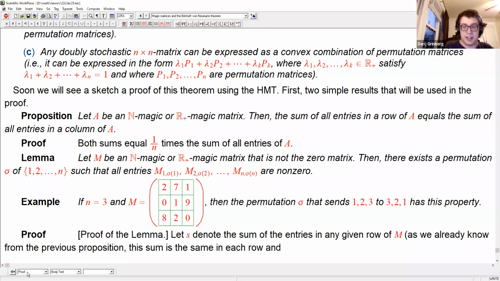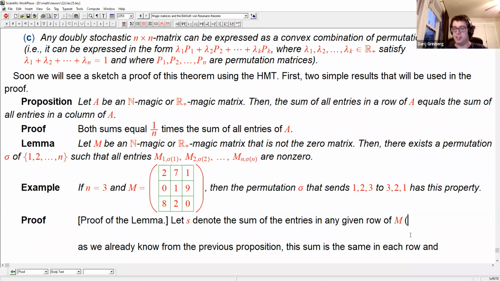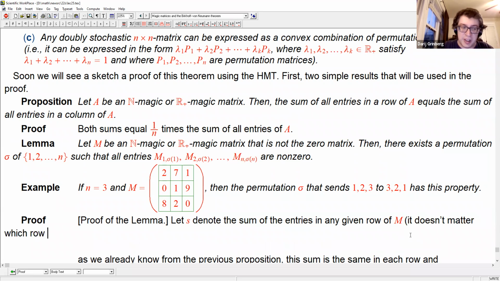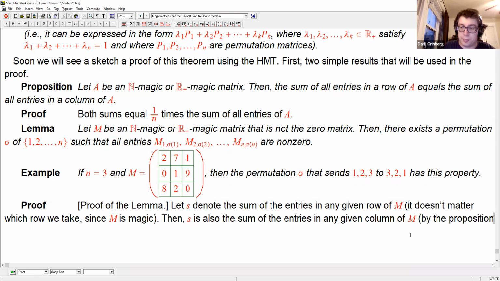Let S denote the sum of the entries in any given row. It doesn't matter which row we take, since our matrix is magic. Then S is also the sum of the entries in any given column of M by the previous proposition.